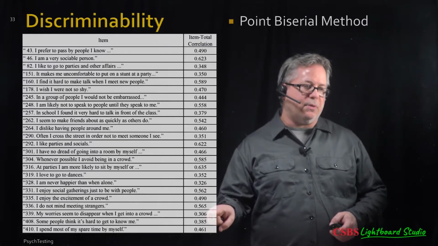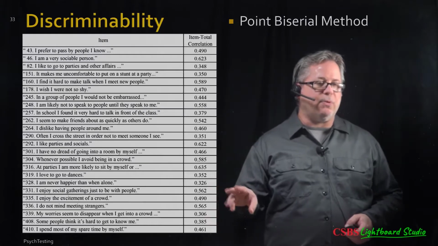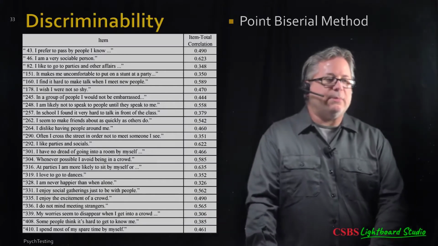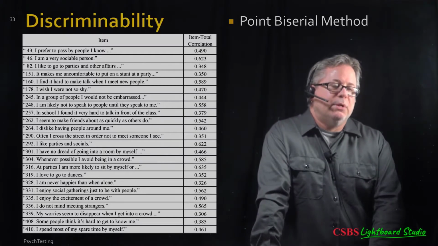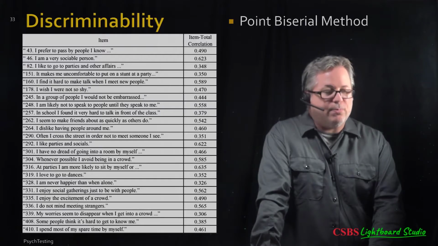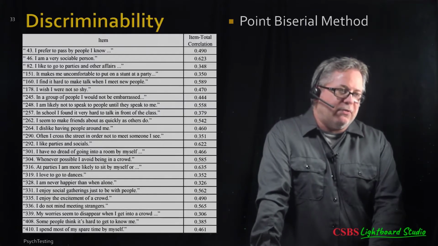The information you get from the point biserial or item total correlation will be similar to the information you get from the extreme group method, but they're not necessarily going to be exactly the same.